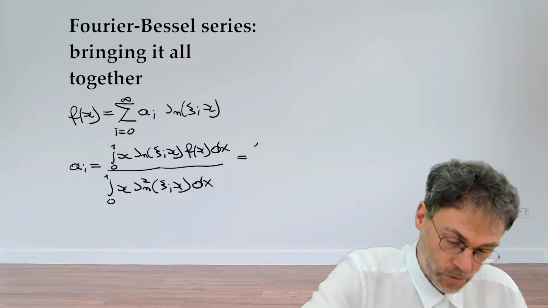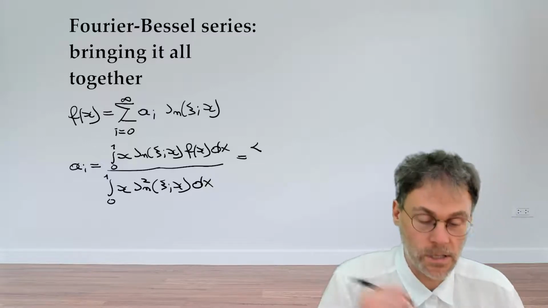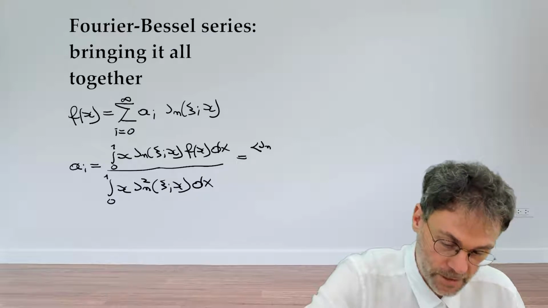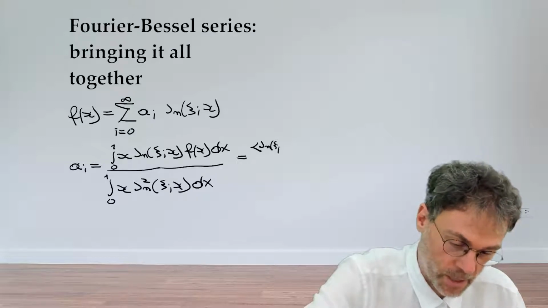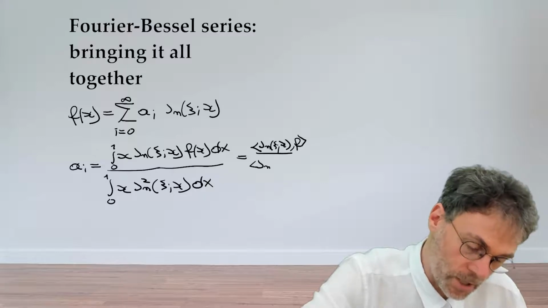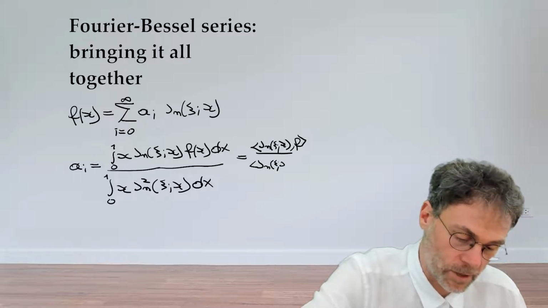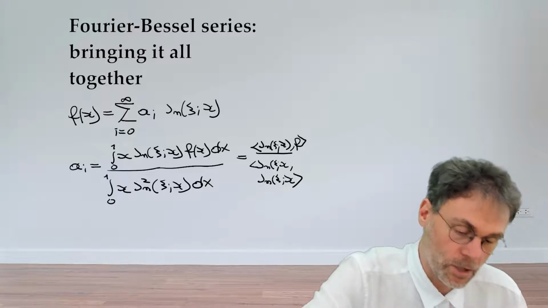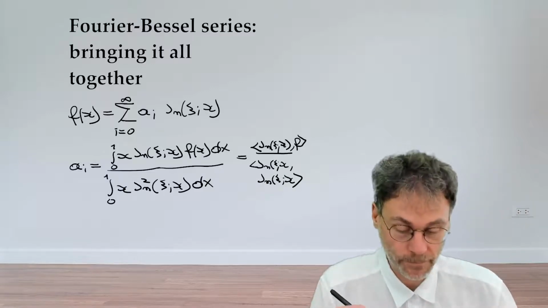Or if you really want to again make use of the notation with scalar products, this is the scalar product of basis functions J_n psi_i of x with f, divided by J_n psi_i of x, and I'm running out of space here, with itself. So this is the normalization integral.